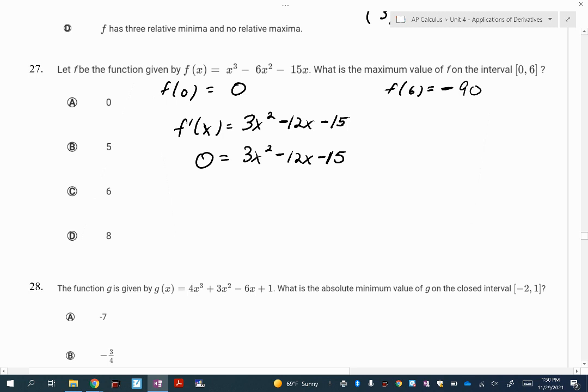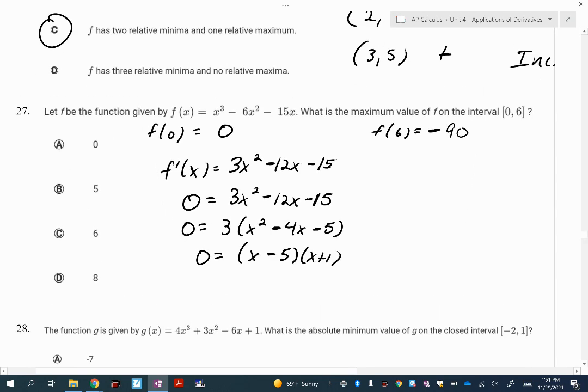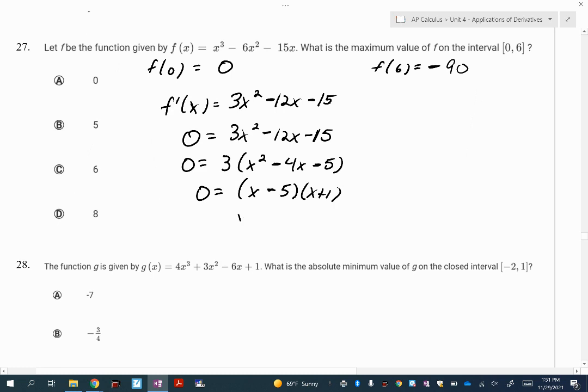So I'm going to factor out a 3. X squared minus 4x minus 5. Again, like I said a few problems ago, that 3 doesn't have a variable with it, so I don't care about it. So it becomes x minus 5 times x plus 1. Okay, so my two critical points are positive 5 and negative 1.